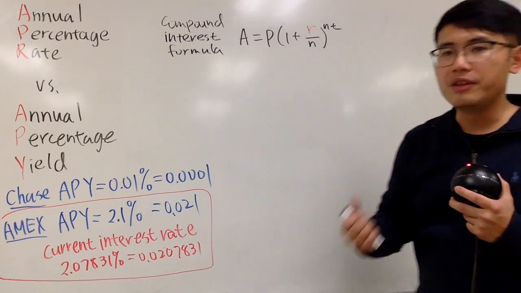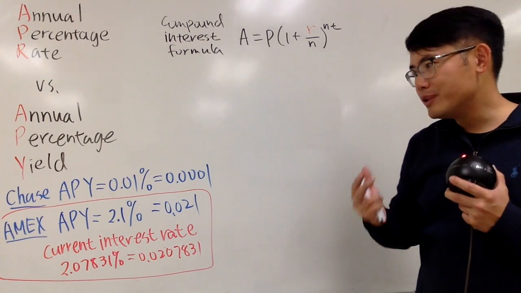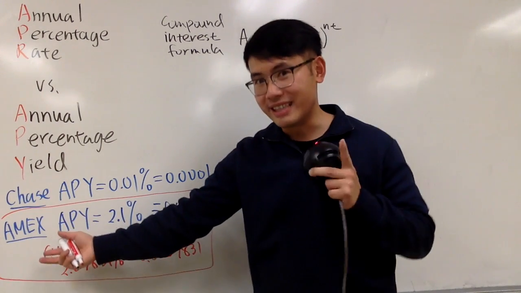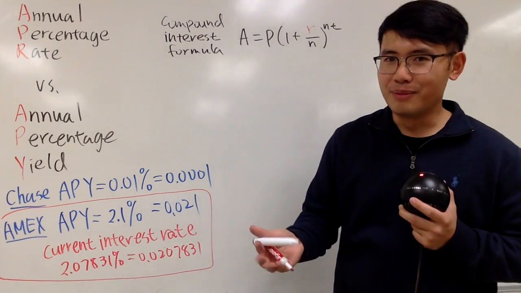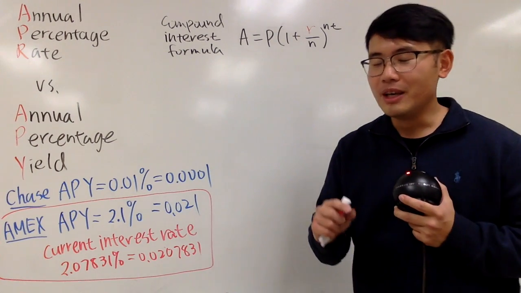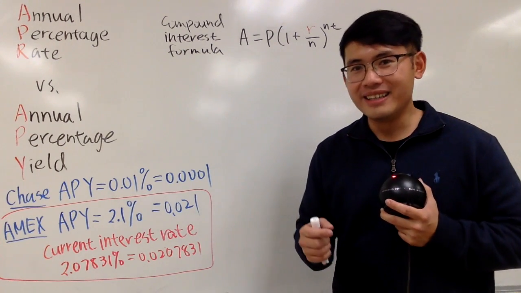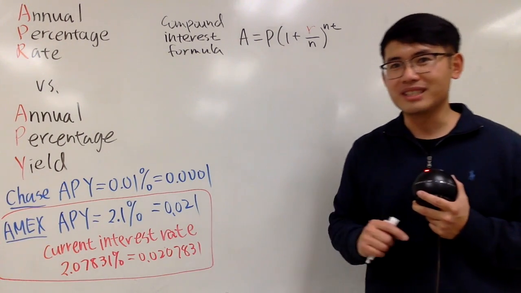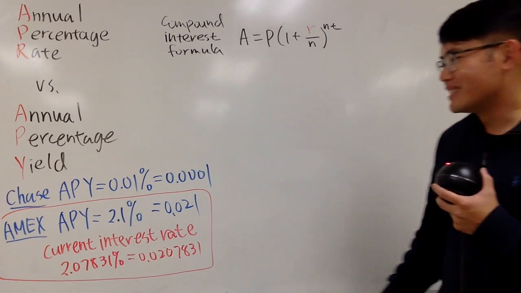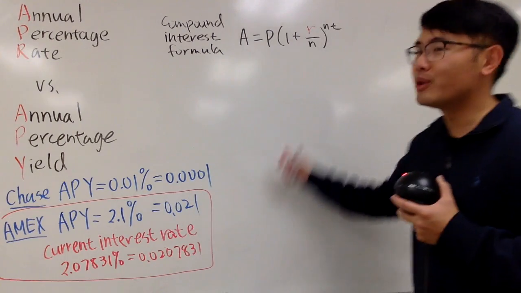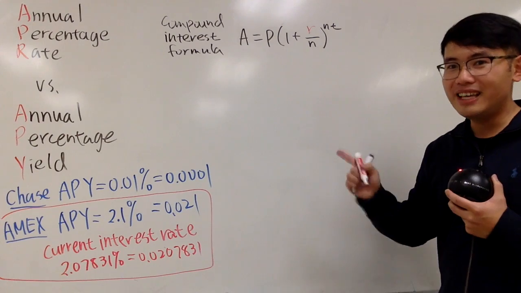T is the number of years. In this case, I really had to call American Express, and I did. I asked them, how many times do you compound in a year? They told me they compound every day. So we'll just take N to be 365. What we are going to do is take this, put it into R, and that's how we can get the APY.